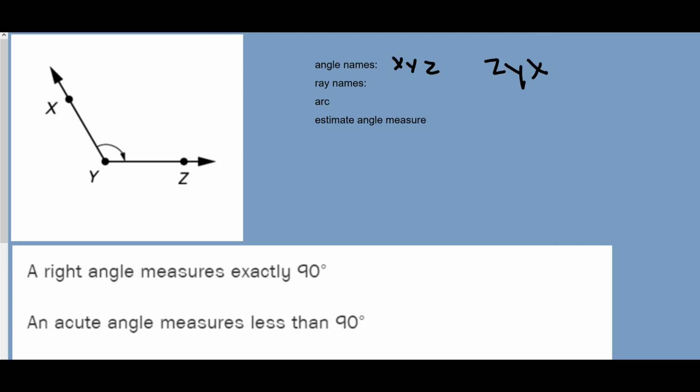It is made up of two rays. I have ray YZ. This is ray YZ. Remember, a ray must be named by its endpoint first. What's the name of the other ray that makes up my angle? YX.